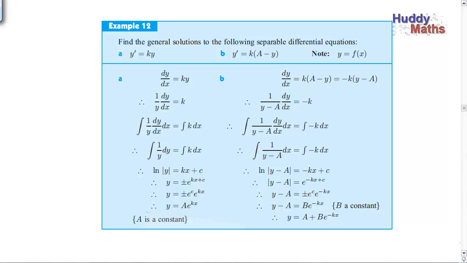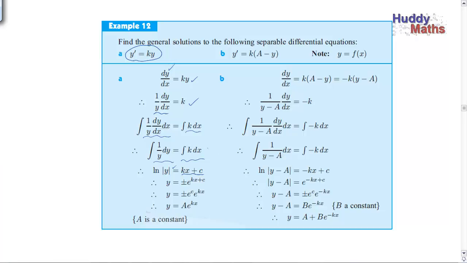Find the general solution of the following separable differential equations. The derivative is k times y. I think we've done this one to death already, back with the slope fields. Remember y dash means dy by dx. Separate it: 1 on y dy by dx equals k. Integrating with respect to x, and that becomes with respect to y, using reversal of the chain rule, ln mod y equals kx plus c.